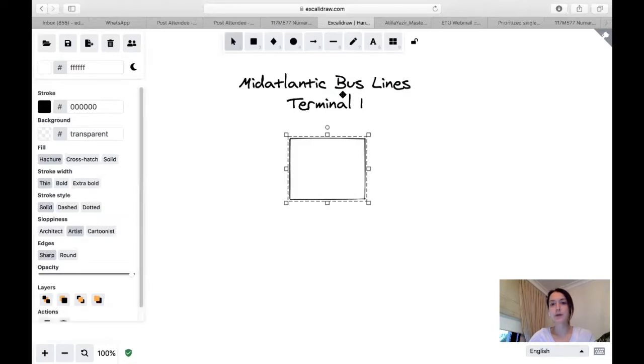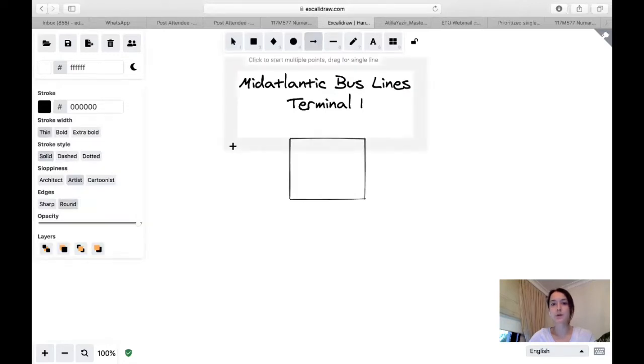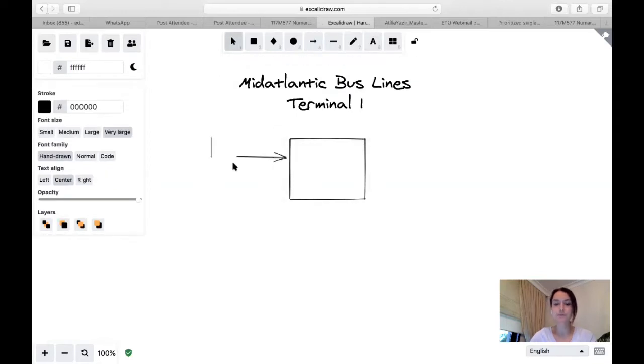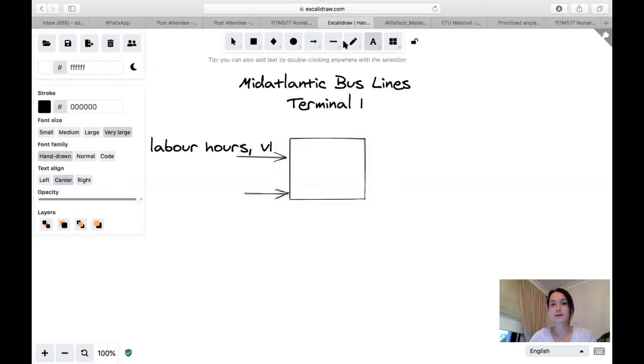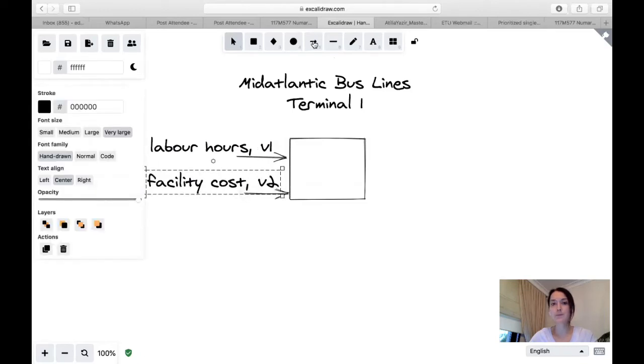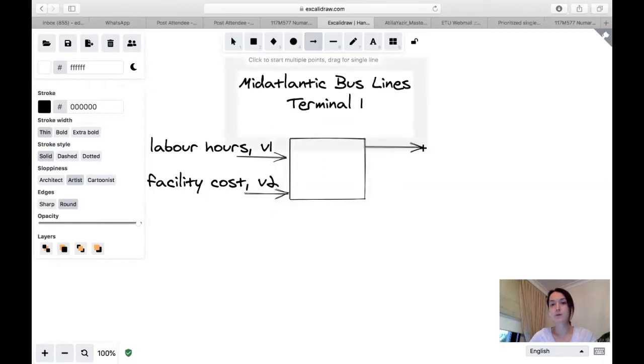As I told, we have two inputs for each terminal. One of them is labor hours, and we will use V1 as the coefficient for this input, and the other one is facility cost, and we will use V2 for this input. And we have two outputs.